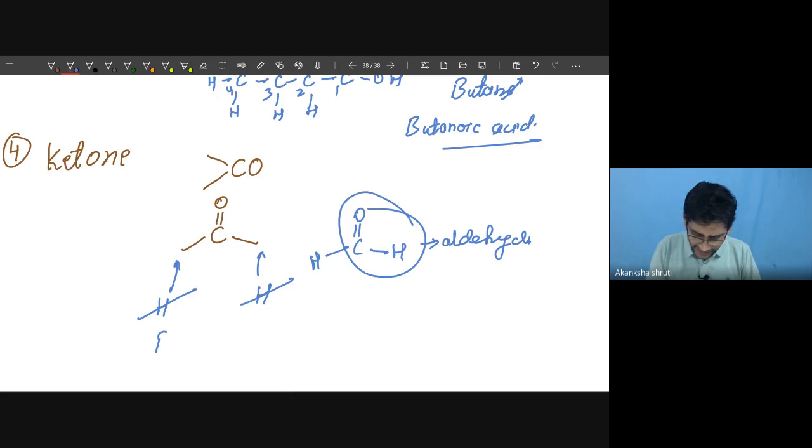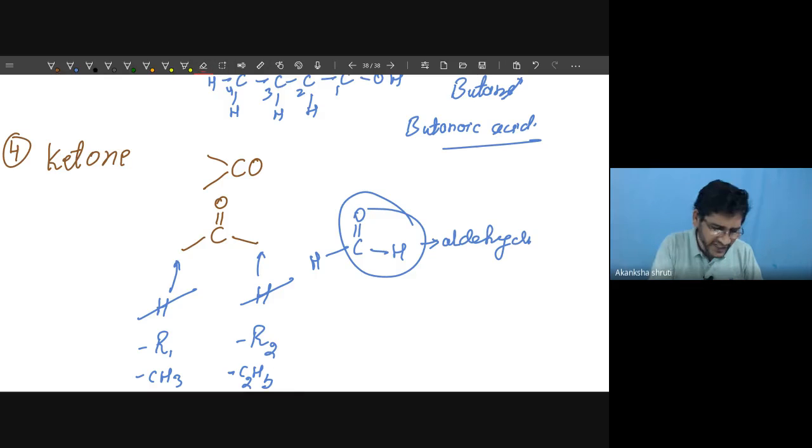Here you can put alkyl groups, maybe the same or maybe different, R1 and R2. Like here you may put CH3, here also CH3, or in the first you put CH3 and in the second you put C2H5. It is also okay.